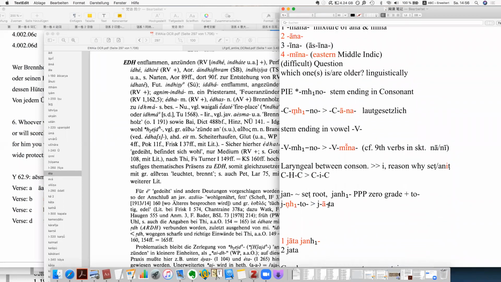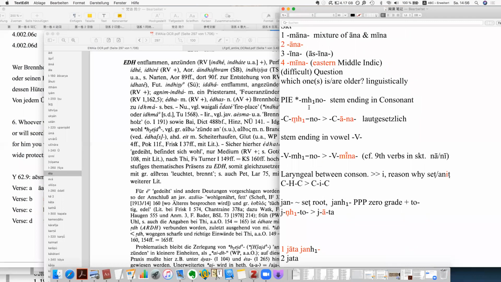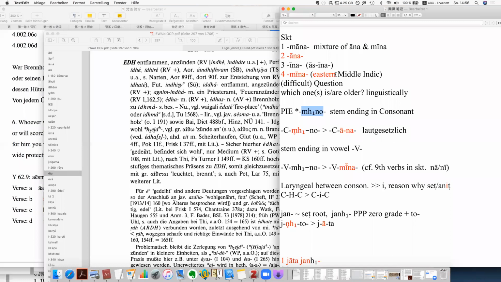And then based on this reconstruction, mh₁no, we can explain the Sanskrit forms. The four Sanskrit forms, or rather four Indic forms, because this one is not Sanskrit, it's Middle Indic.